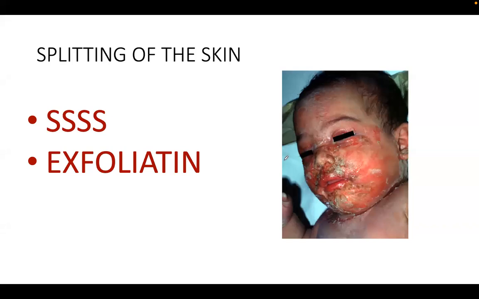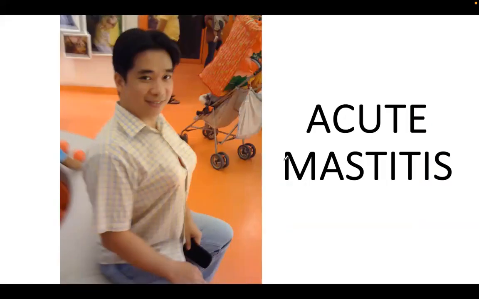The most common cause of acute mastitis is going to be Staph aureus.